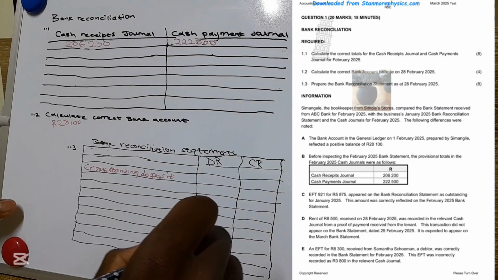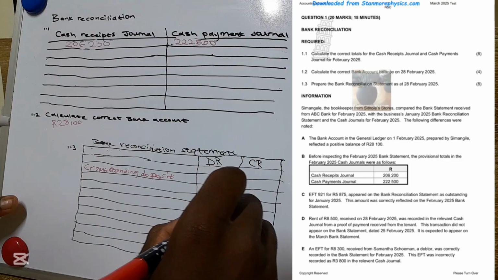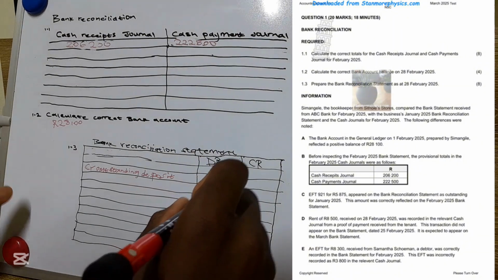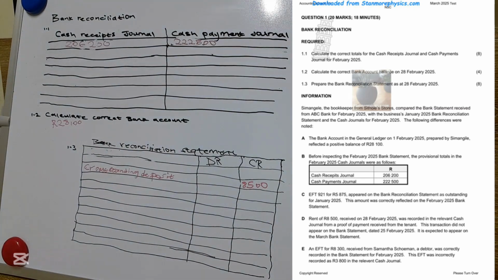We should record on the credit side, since here we are receiving money. Whenever we receive money on the bank reconciliation statement, we should record on the credit side. But if ever it's a payment, meaning we should record that money on the debit side. I hope we are clear on this one. We go to number E.